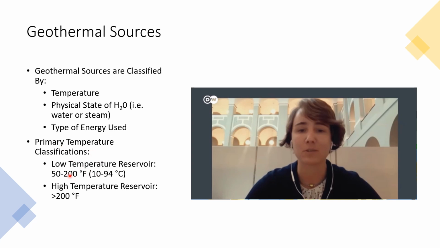Primary temperature classification. When you take a look at the low temperature reservoir, that's about 50 to 200 degrees Fahrenheit, in degrees Celsius 10 to 94, and high temperature reservoir is over 200 degrees Fahrenheit.